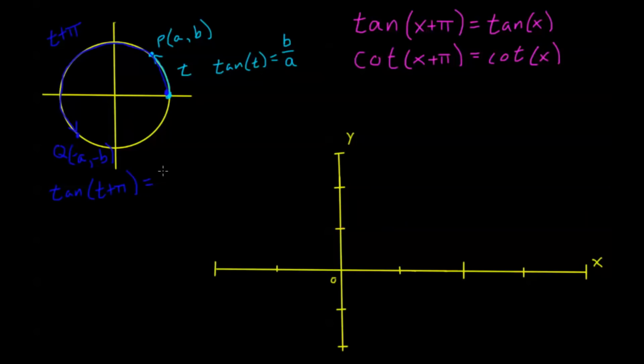That's going to be equal to my y value, which is negative b, over my x value, which is negative a. So I get a cancellation here in these negatives, don't I? And I end up getting b over a, which is exactly tangent of t from up here, right? So we have this smaller period where tangent and cotangent repeat themselves every halfway around the unit circle. So we're going to need to take that into consideration in a second here.